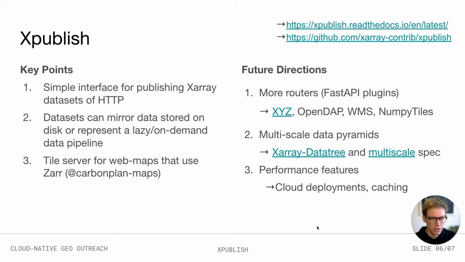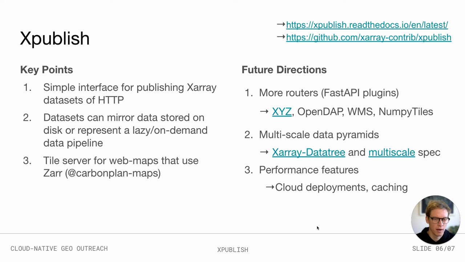So, level 3, level 4 data could be computed on the fly rather than stored as a separate copy. And then we're using this at CarbonPlan essentially as a tile server. We're starting to explore using Xpublish to serve data in Zarr format to our web front ends. So Kate is giving a talk later today on how this works.